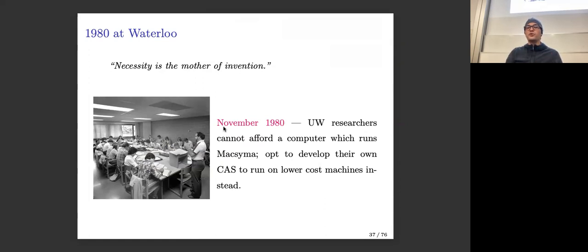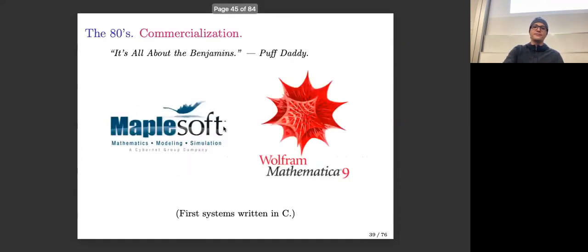They're one of two universities where you can actually get a bachelor's of mathematics, not a bachelor's of science with a specialization in math, but a B.Math proper. Which is funny for me to then say they couldn't afford Macsyma, which was the top of the line software at that point. So we're going to get back to it. They started thinking, if we can't really afford it, maybe we should build our own.